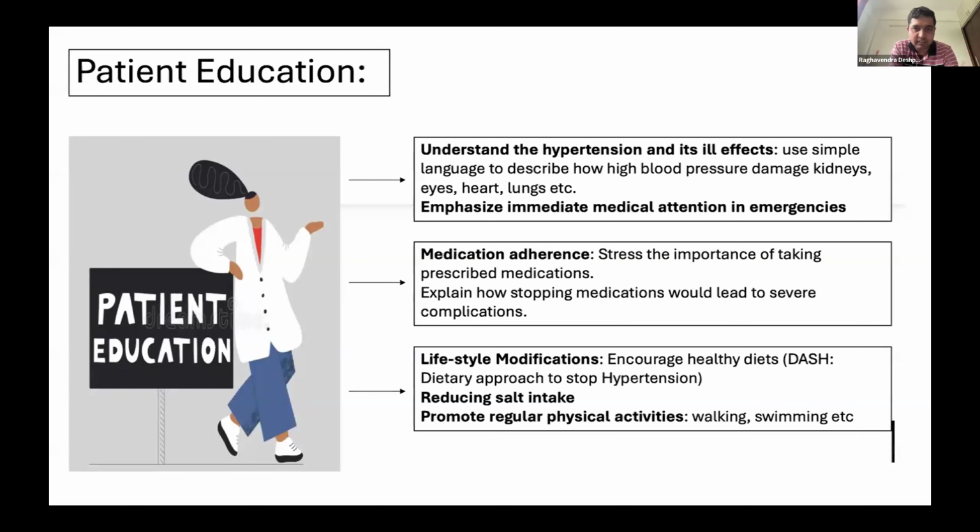And lifestyle changes, like dietary habits, using vegetables, restriction of fruits, promoting regular physical exercise like walking, yoga, pranayama, swimming, etc. At least 30 minutes on most days of the week is important.